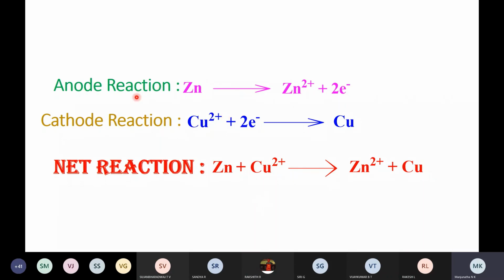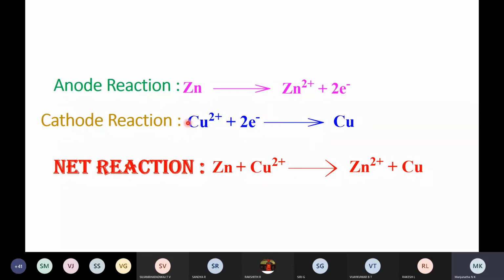At the anode, in the left hand side container, the zinc metal undergoes oxidation, it gives zinc ions with the liberation of electrons. Here the liberated electrons move towards the cathode through the salt bridge, that is, to the other container. In the other container there are Cu2+ ions. Those Cu2+ ions gain the liberated electrons and are reduced to copper metal.